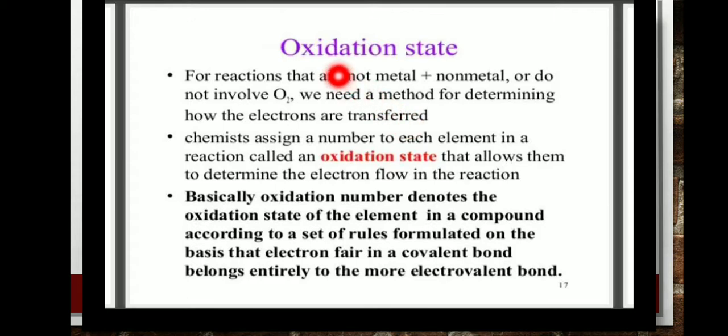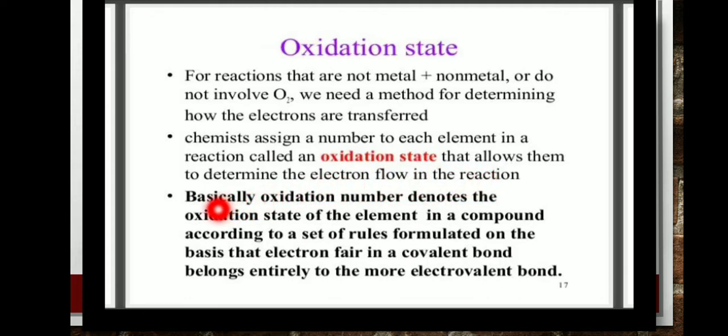So, oxidation state, heading for reactions that are not metal plus non-metal or do not involve oxygen, we need a method for determining how the electrons are transferred. Chemists assign a number to each element in a reaction, called the oxidation state, that allows them to determine the electron flow in the reaction.